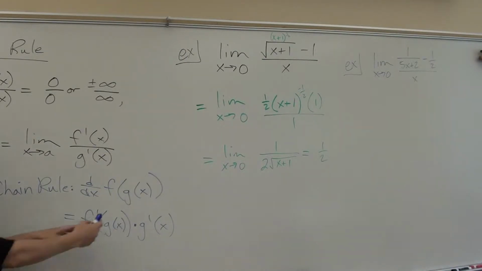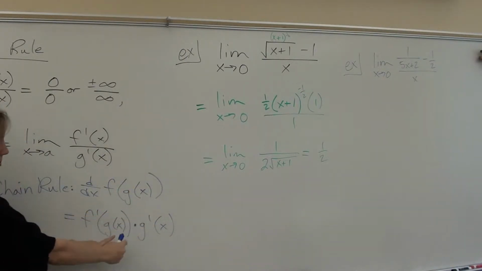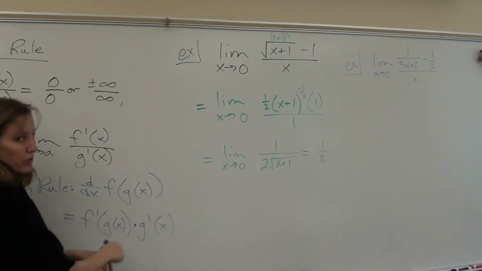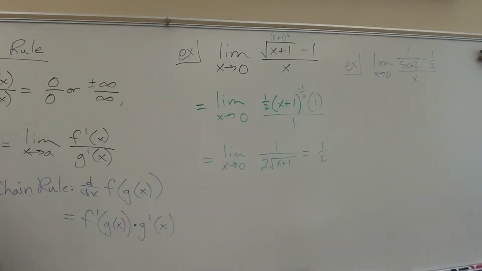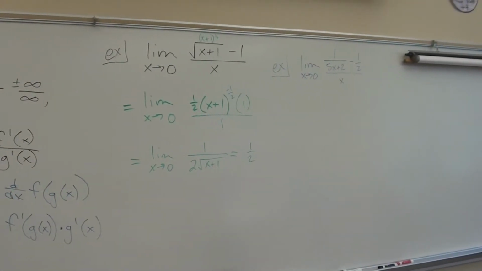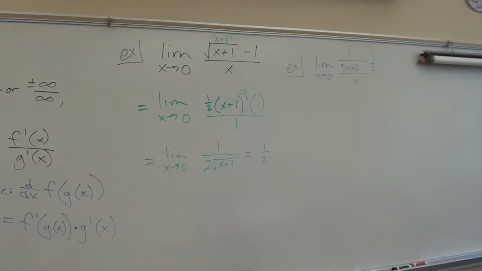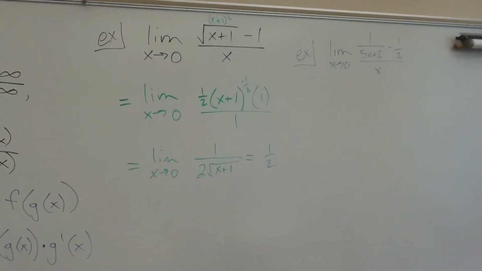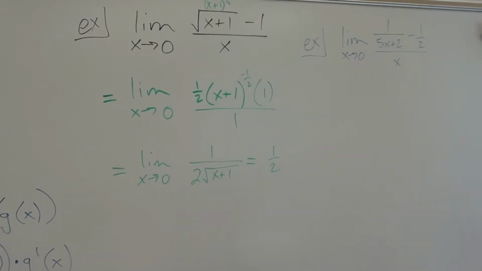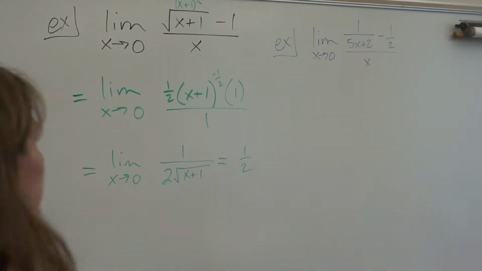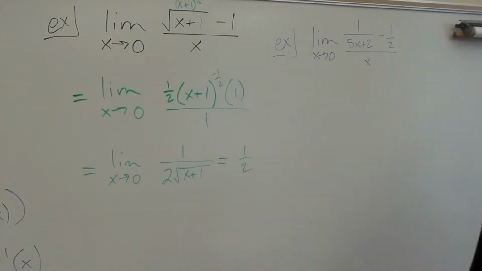So you do the outside derivative first, keeping the inside the same, and then you multiply by the derivative of the inside. Compare your answers with your group once you're done, see if you get the same thing.